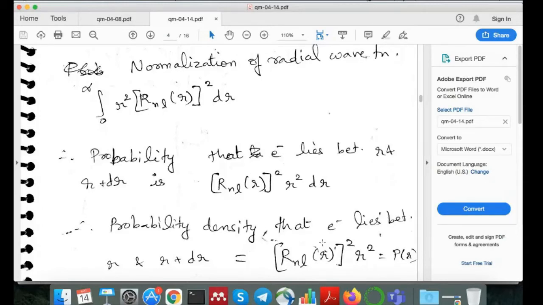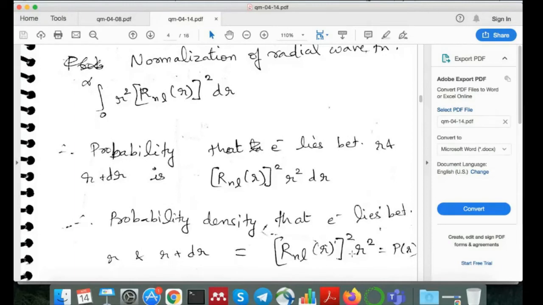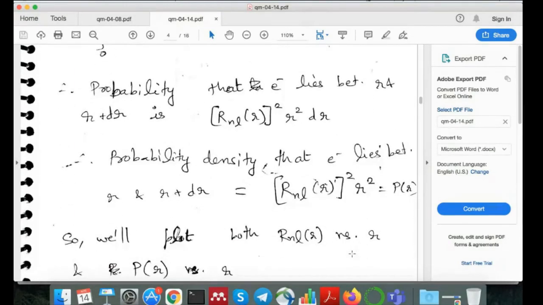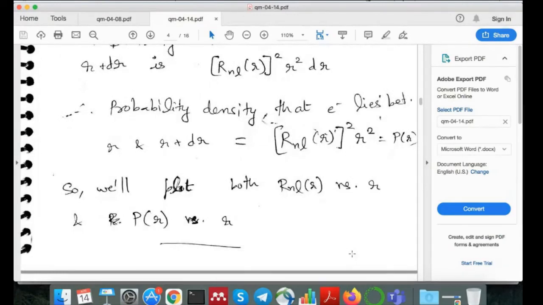If this is the probability, then this is just the probability density. That is the difference. This we have already seen, but this is in the context of the hydrogen atom. So we'll plot both the radial wave function as well as the probability, and then we'll see how they look.